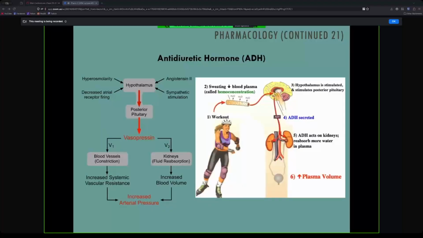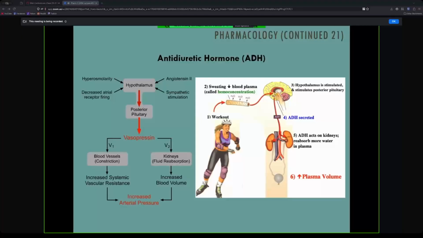So here we're just talking the overview, right? The hypothalamus, based on what we just discussed in the last couple of slides, with those inputs of angiotensin 2, sympathetic stimulation, hyperosmolarity, or decreased atrial receptor firing, is going to send the signal out to the posterior pituitary. The posterior pituitary is going to release vasopressin.